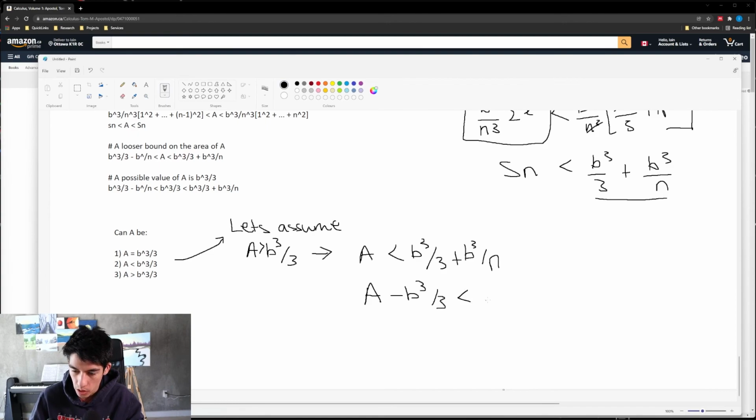Then this is smaller than b cubed over n.